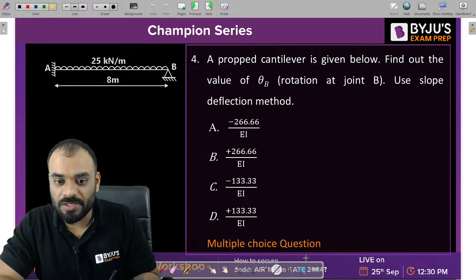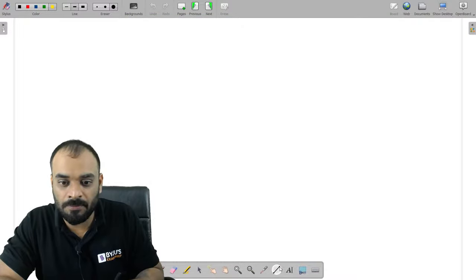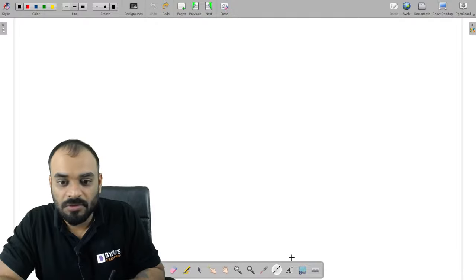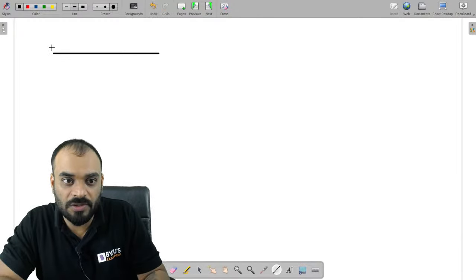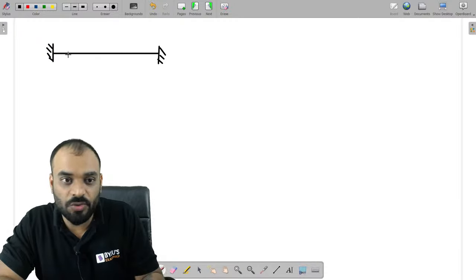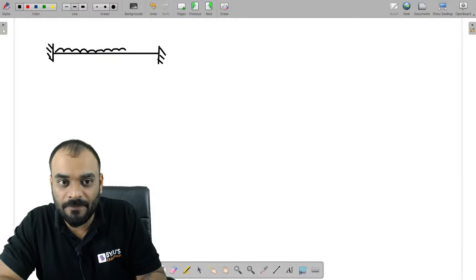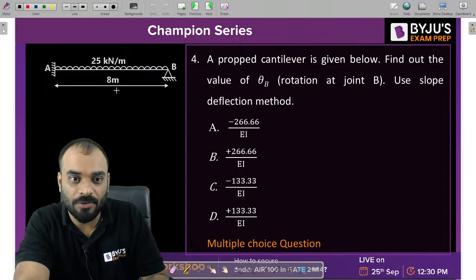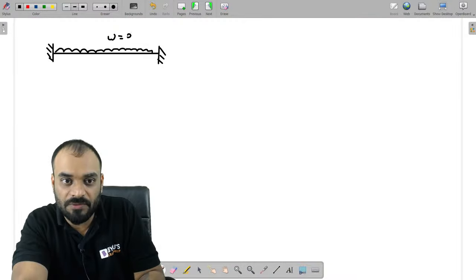So let's fix all the supports first. This end is fixed and this end is also fixed. Let us consider a UDL present on the entire span whose intensity is W, and the value given to us is 25 kilonewton per meter.